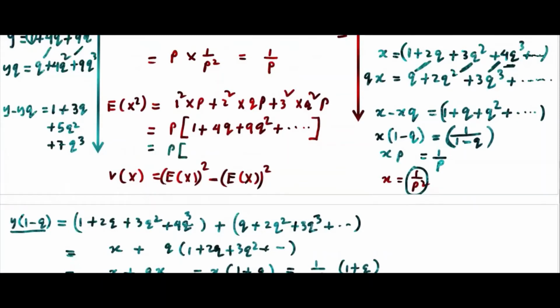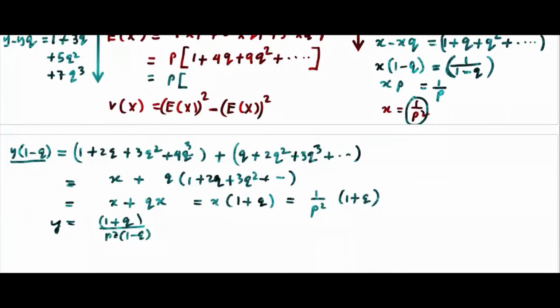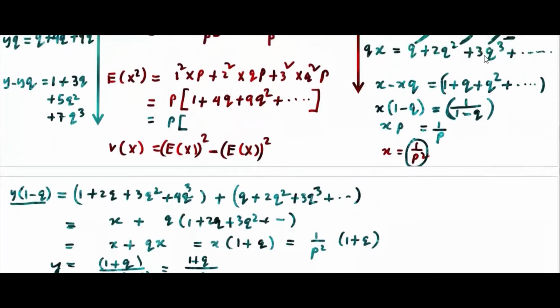We have taken this for y, so you put the value here: 1 plus q, and 1 minus q you can write p. So p power 3 in the denominator. You can cancel p. You will get 1 plus q divided by p square. So now you put here 1 plus q divided by p square minus 1 upon p square, so q upon p square. This is the answer.